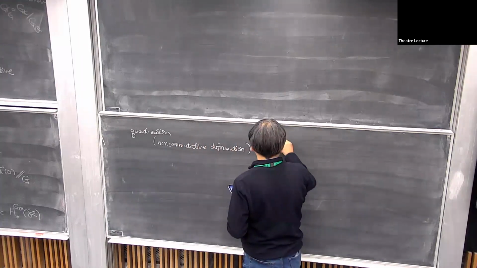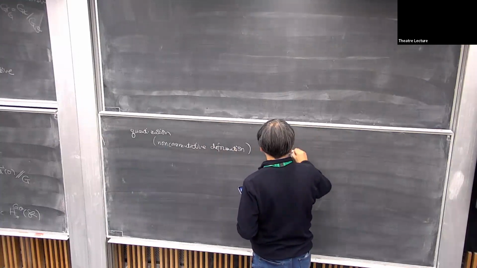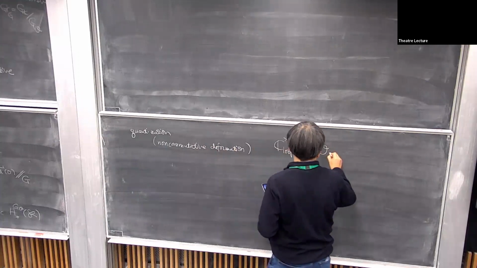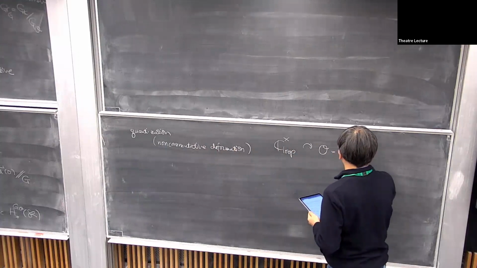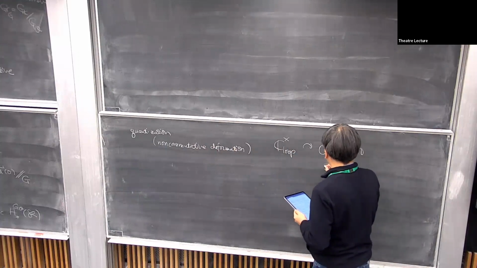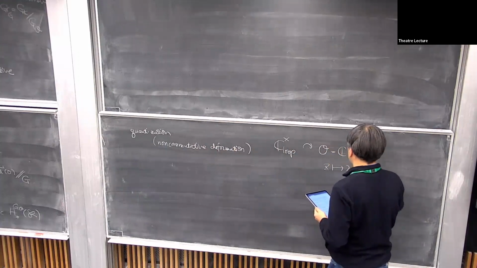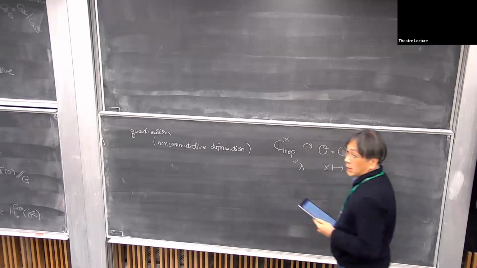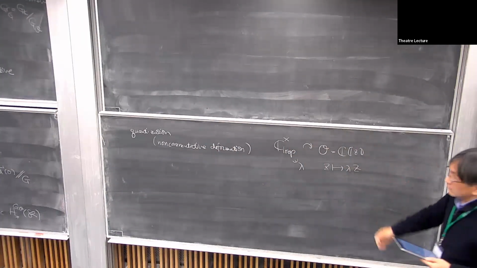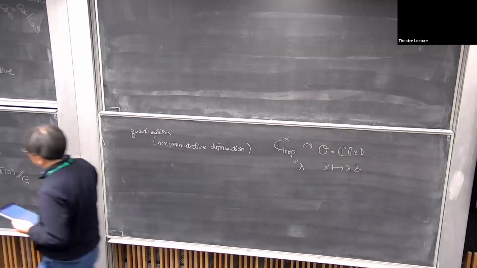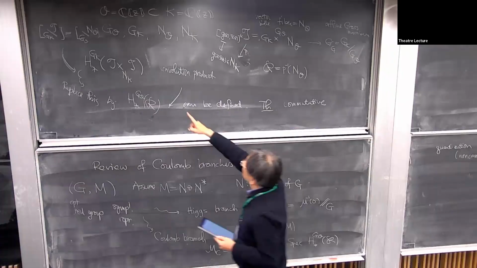You consider the C-star loop rotation. You just multiply z by a scalar.